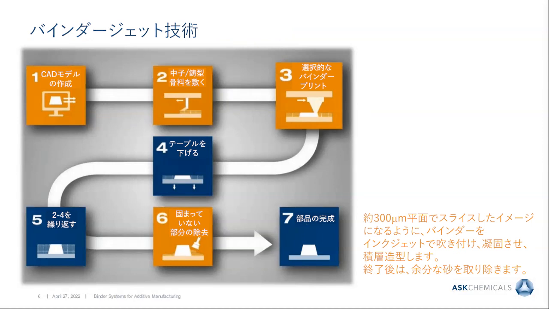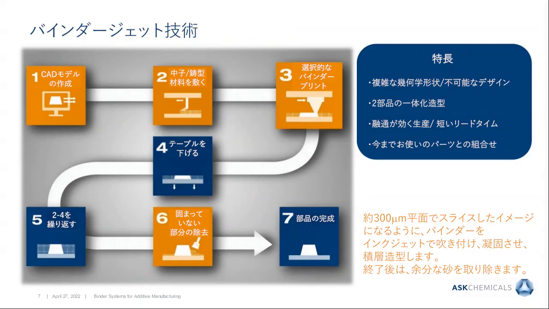The platform is then lowered and the step of spreading a layer and printing an image is repeated until the job is completely finished. After finishing printing, the remaining loose material which was not printed has to be removed from the printed parts, and we obtain the finished component.